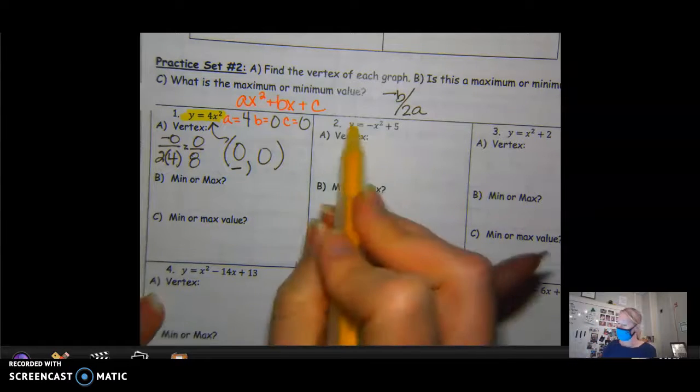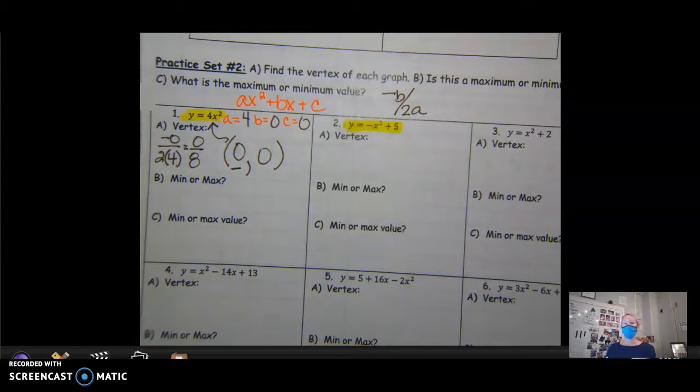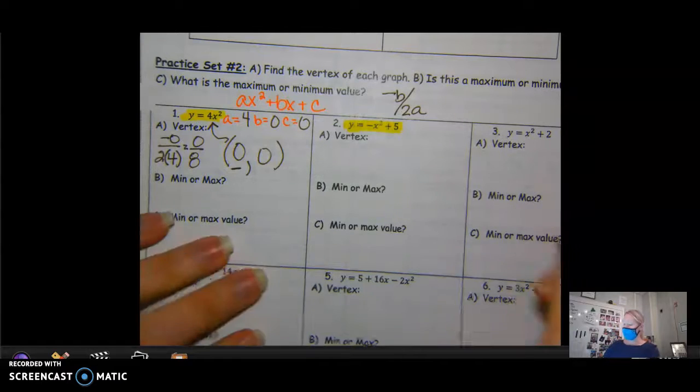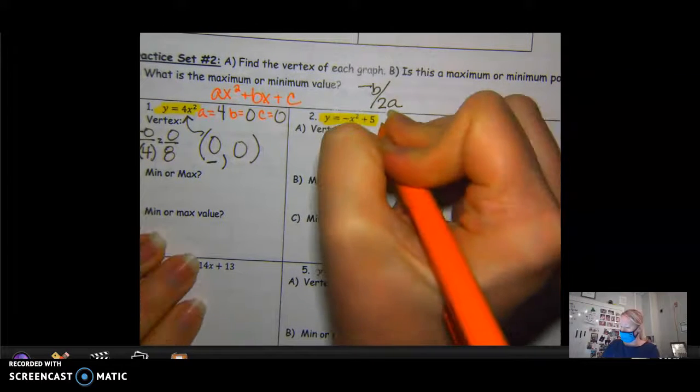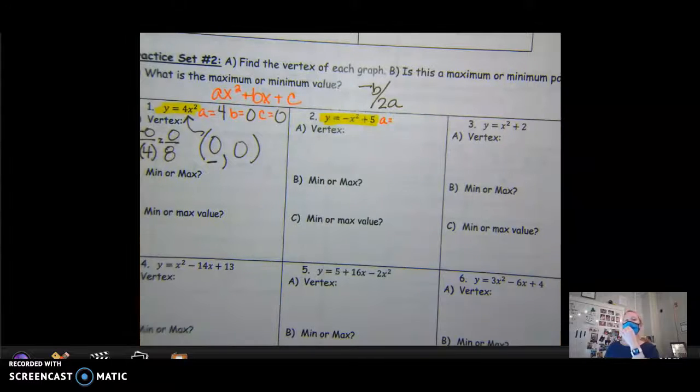Again, here is my equation for my quadratic. We need to first list out our a value, our b value, and our c value. What is my a value here? Remember, it's the number in front of the x squared. It's not 0 because do I have x squared there? I do. -1.